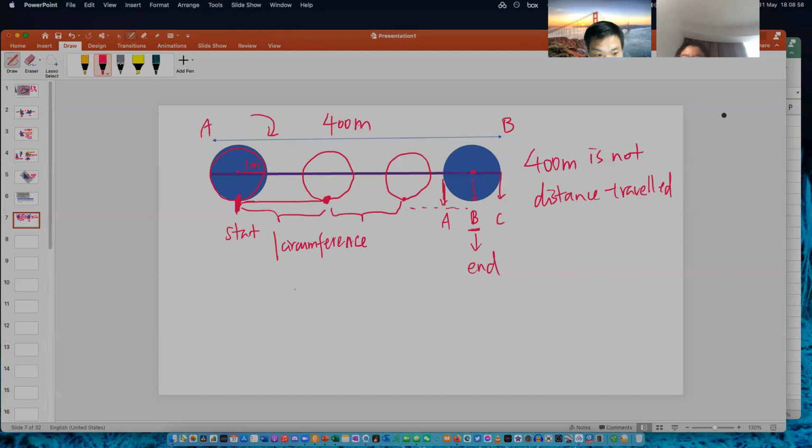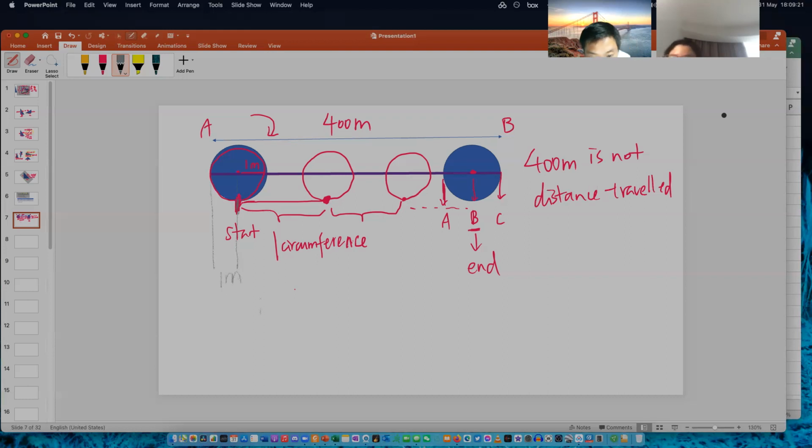So how do you find out the distance traveled? If you look at the diagram here, if you consider this is the start point, you have this 1 meter not traveled.